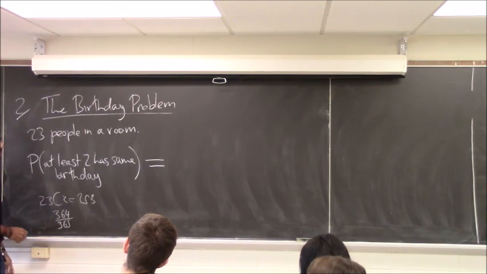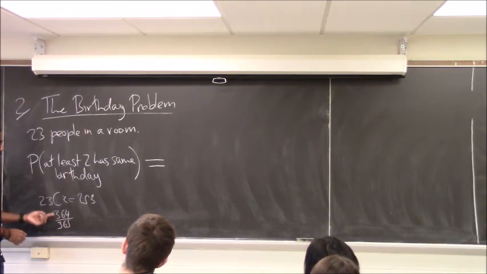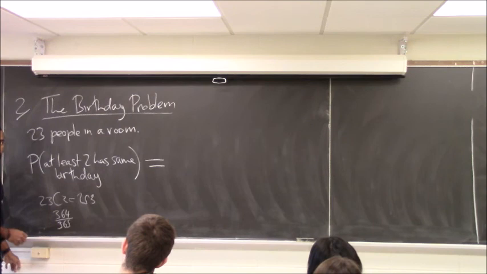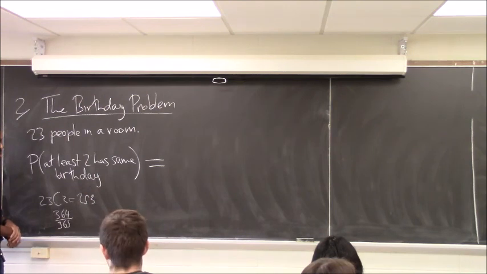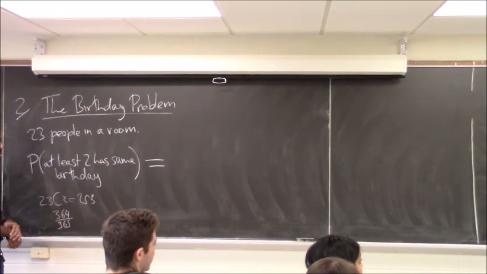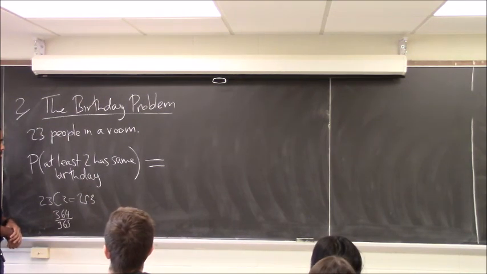Yeah, but what if the same birthday happens in one of the other 364 days? You just single out 1 day. The 253, we thought, represented the amount of possibilities that they share the same day. That's why we raised it to that.